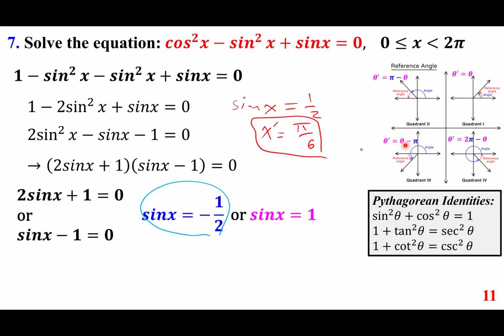If this is theta, you move this and you get pi plus theta prime, meaning just add pi over 6 to pi, so you get 7 pi over 6. Whereas here in the fourth quadrant is 2 pi minus pi over 6, which is 12 pi minus pi, 11 pi over 6. So that's very straightforward.